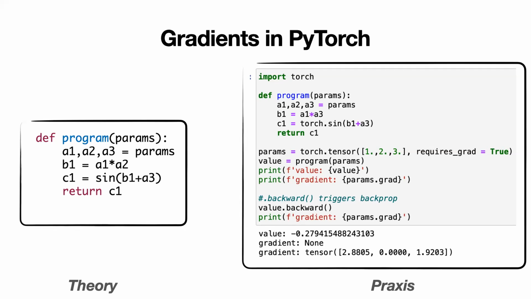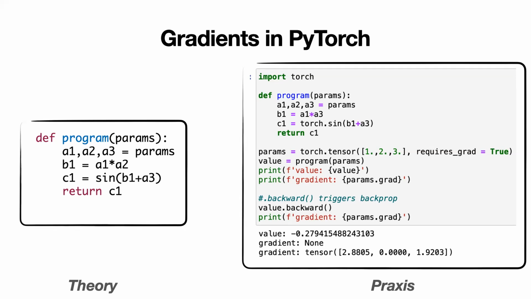So if you want to run our program and get the gradients with respect to our parameters, we create our array the same way you would create a NumPy array, but then we pass in an additional argument saying that for this, we eventually want to get gradients of whatever we're computing with respect to these parameters.